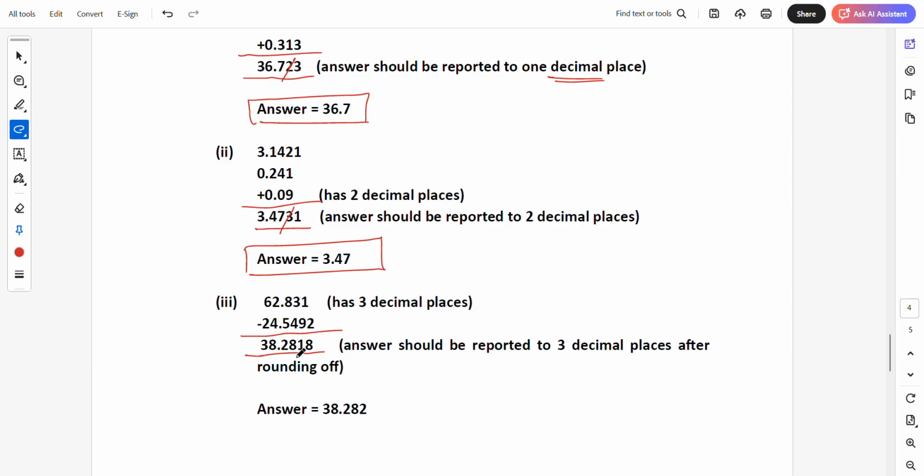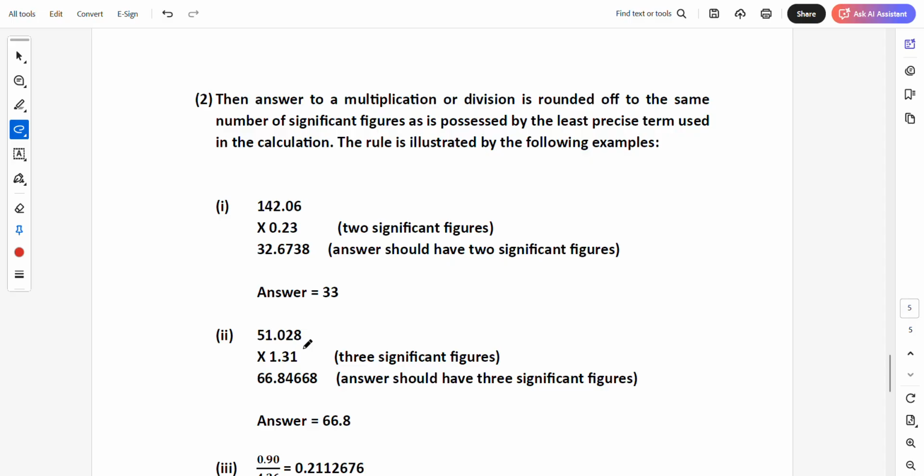Now if I delete this 8, 8 is greater than 5. The previous number will be raised to 2. That is, after rounding off, you will get the answer 38.282. Hope you have understood this. You know that if the number is greater than 5, the previous number should be raised by 1. Next.